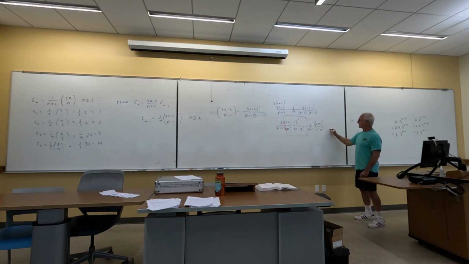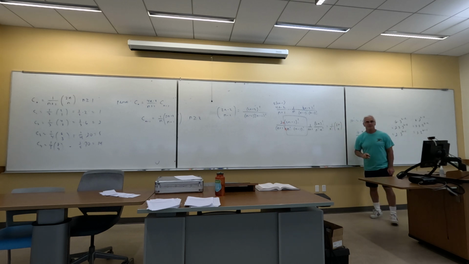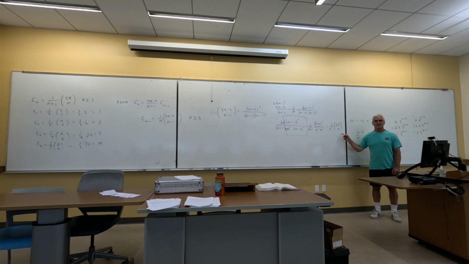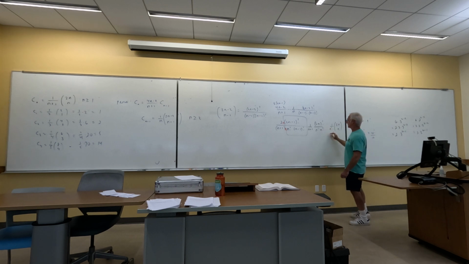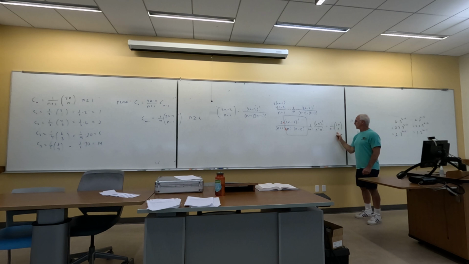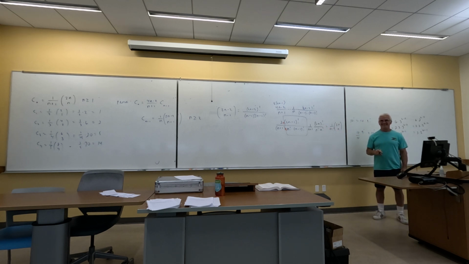Gee, now what? Oh, sorry, I lost. I'm sorry, that's n plus 1. Sorry, I can't read my own writing. Okay, so that's this. Okay, now what? We're done. That was my goal.